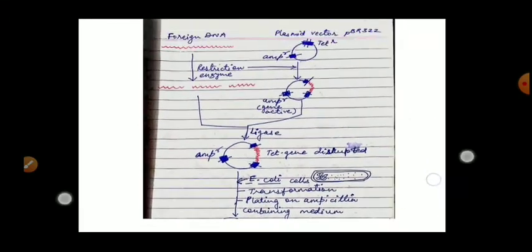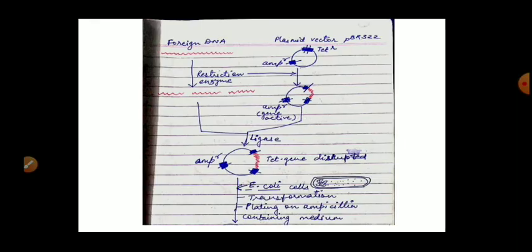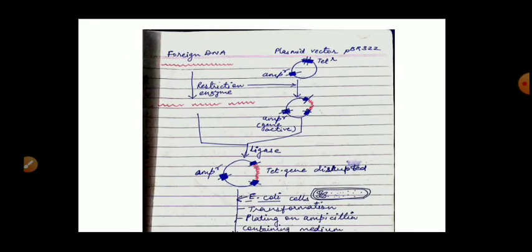Once you have mixed the foreign gene with the pBR322 vector, the foreign gene gets inserted inside the tetracycline resistance gene. Why? Because we have used a restriction enzyme which will cleave the tetracycline resistance gene.